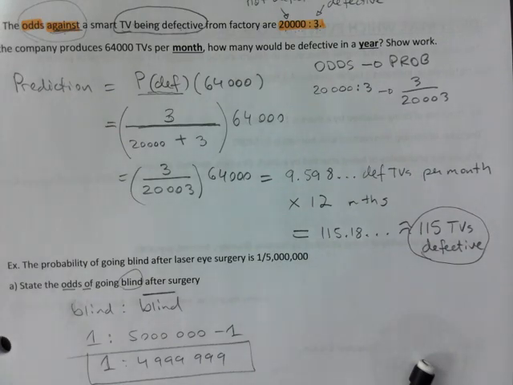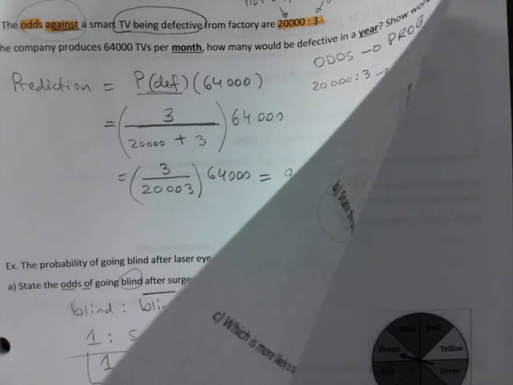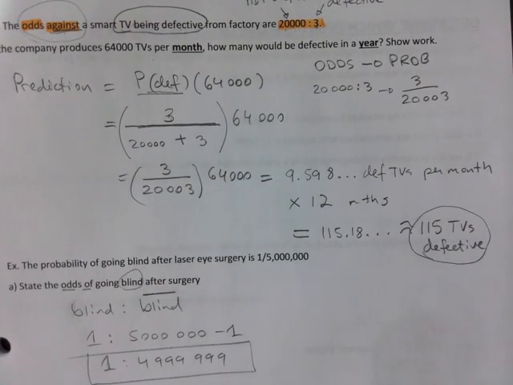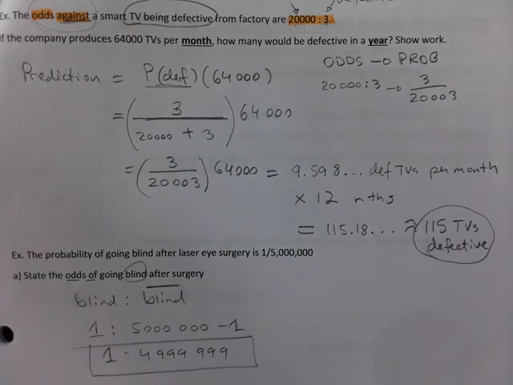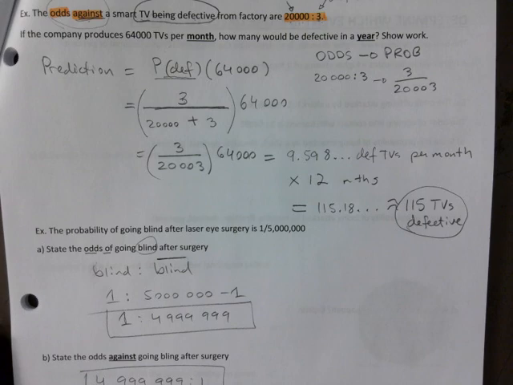To be continued. I would like you to try. You know what? Let's just leave it there. Tomorrow you're probably going to have an AC on odds and probability. And so then we're going to continue with this further.